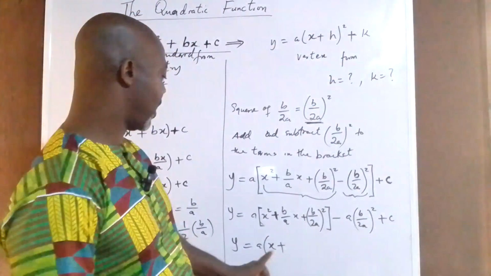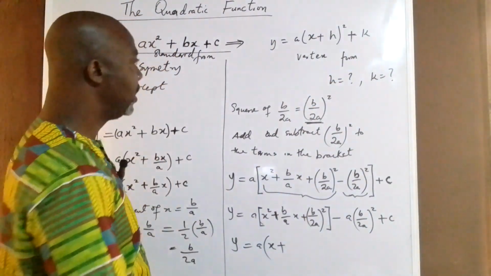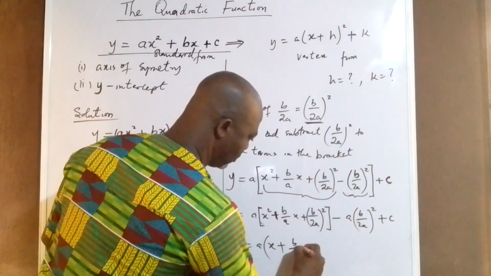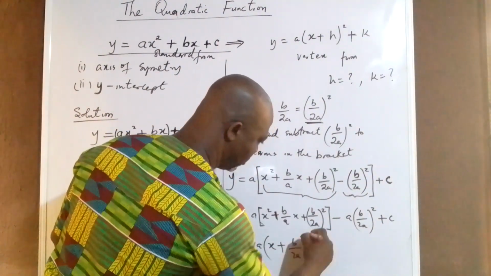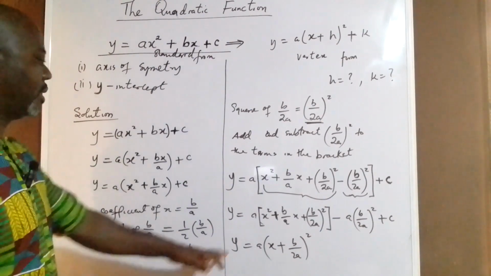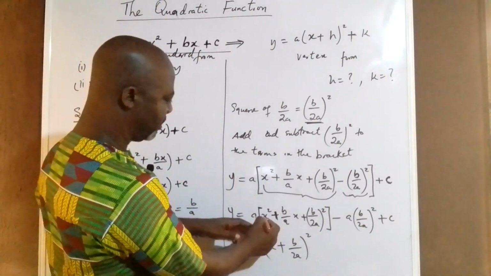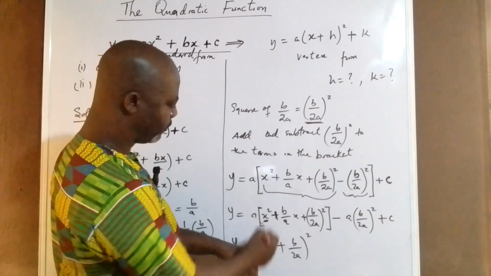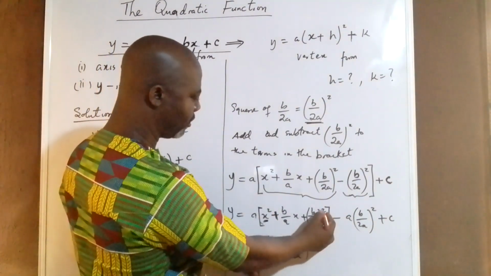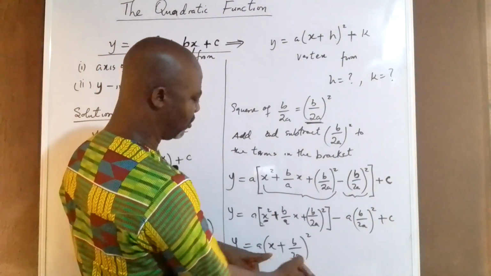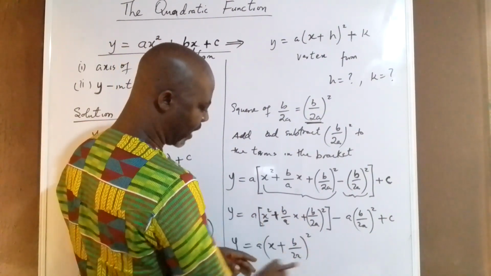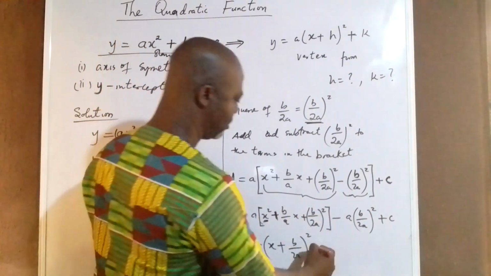It's going to be x plus b over 2a all squared. Since from this x squared you pick an x, from the b over 2a squared you pick b over 2a. Once you expand this, we are going to get back to this.